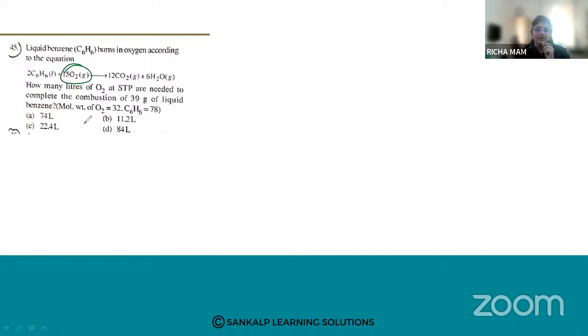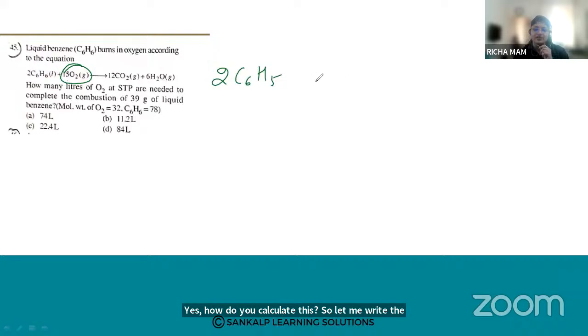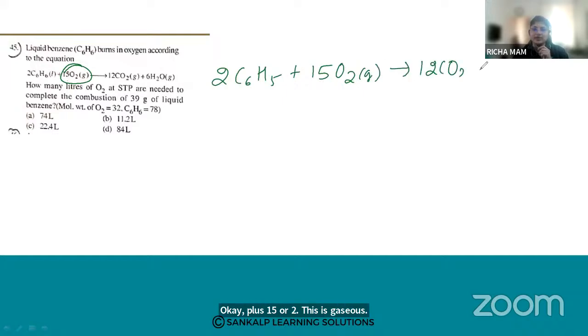How do you calculate this? Let me write the equation. 2C6H6 plus 15O2, both gaseous, giving you 12CO2 gaseous plus 6H2O gaseous.